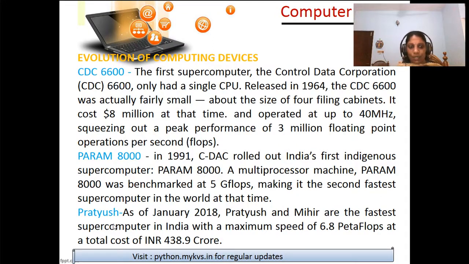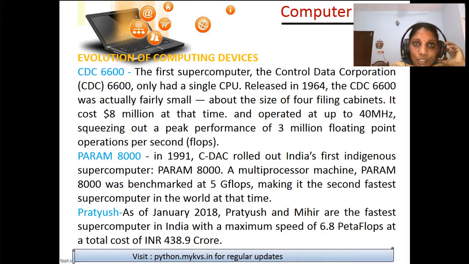And now the last one, the last of its kind. In between, there are so many others, but we are not very concerned about them. Of course, if you need more information regarding this, I am ready to explain it, because our main purpose is to go to your programming language section. So if this chapter is interesting for you and you need more explanation apart from the current syllabus, you can always ask me.